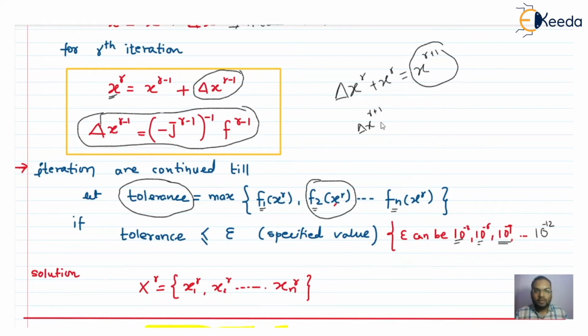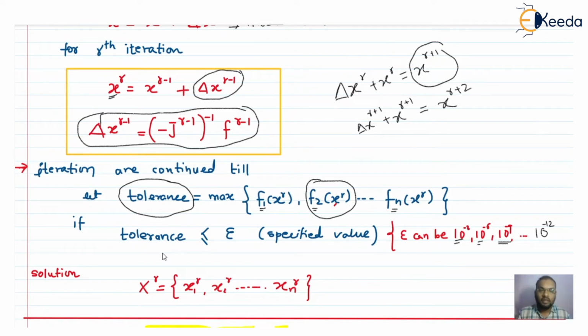Find the correction in the (r+1)th iteration. You have x in the (r+1)th iteration, and that will give you the x in the (r+2)th iteration. In this (r+2)th iteration, check the convergence criteria: if satisfied, stop; if not, go for the next iteration. This way you have to continue for the Newton-Raphson method.